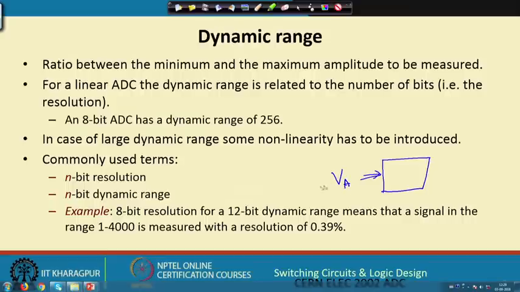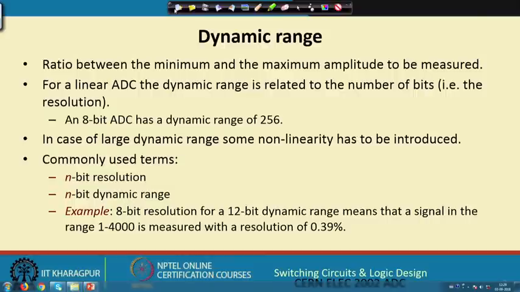I know what the minimum voltage level and the maximum voltage level in my analog signal are, so I am designing my AD converter accordingly. So, the minimum and the maximum amplitude to be measured, that means input, the ratio between the two defines the dynamic range.